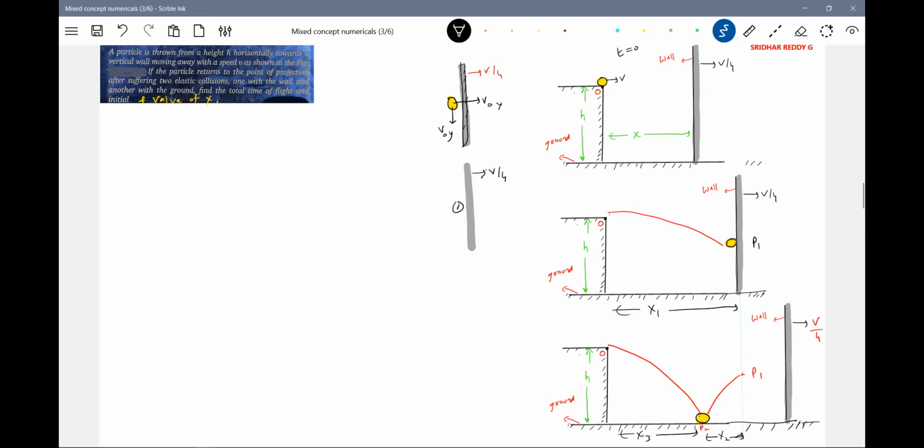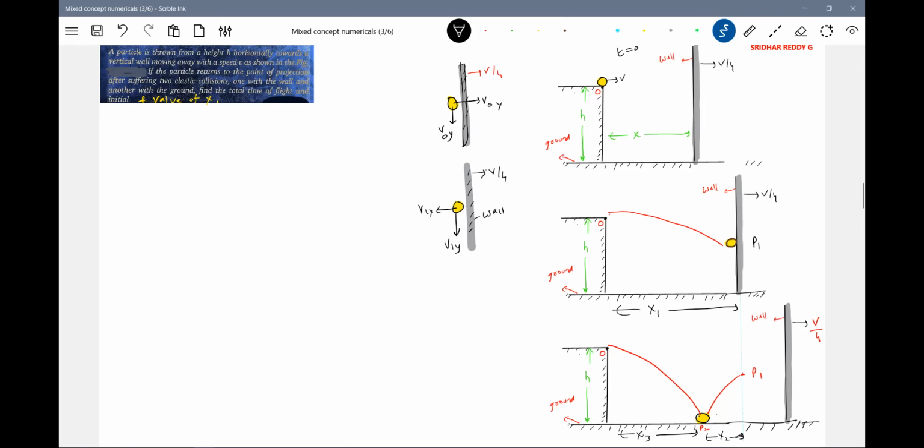Then after collision, the y component of velocity will not change. Okay, let it be V1y, no problem. Whereas the x component of velocity will change. V0y, V1y, later on we'll write it. I think first we have to calculate this.